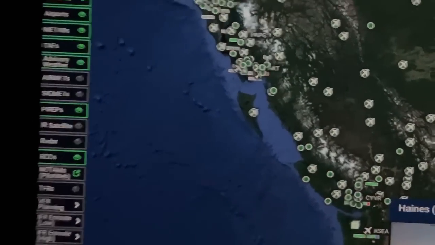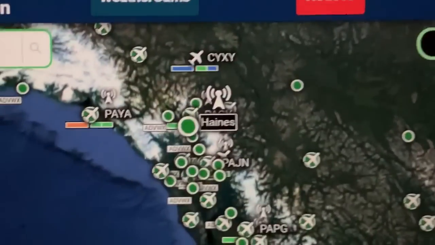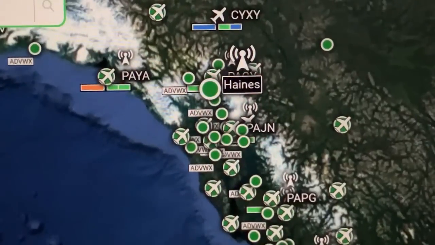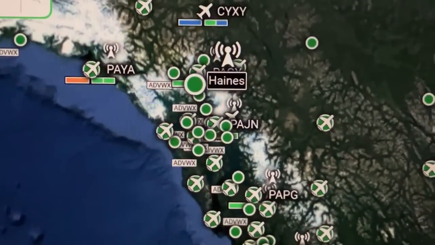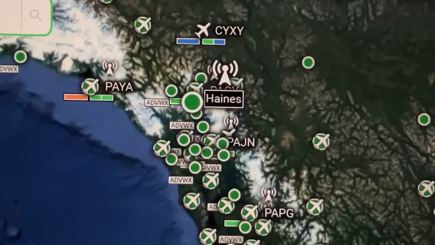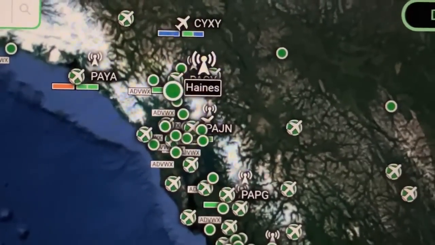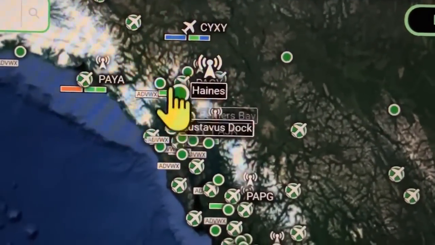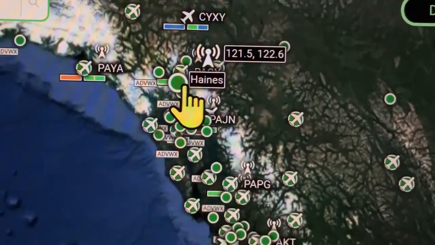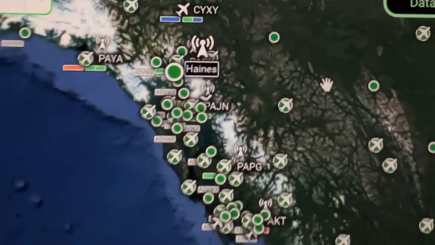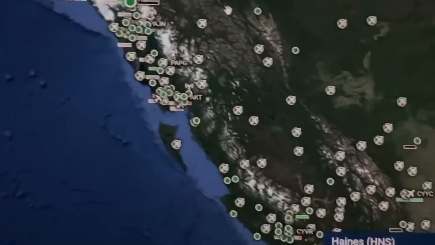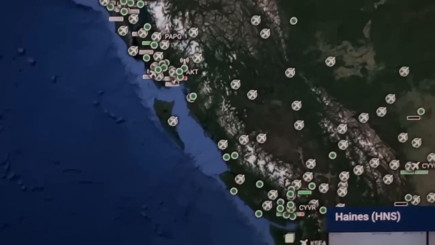I can't see it anymore. Okay, here it is, right here. Haines. If that's in Alaska, maybe, that's where it's located. Right there. So that's it right there. It's way up there, you all.